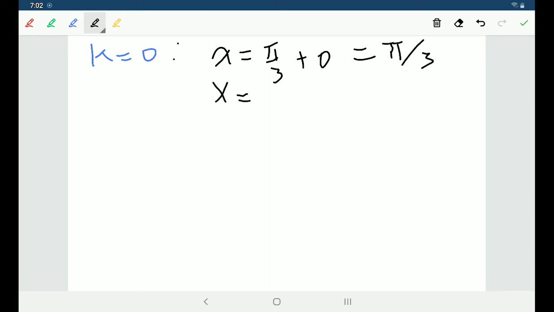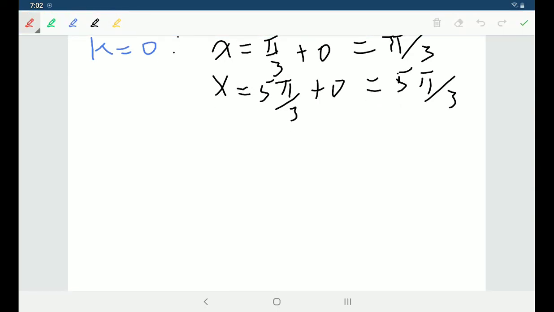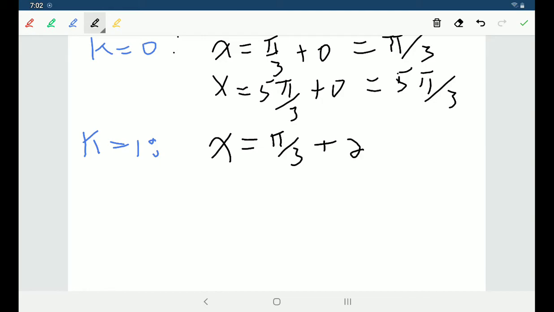And x is 5 pi over 3 plus 0, or 5 pi over 3. If I were to let k be 1, then I'll get different solutions. If k is 1, then x would be pi over 3 plus 2 times 1 times pi, or in other words, plus 2 pi.